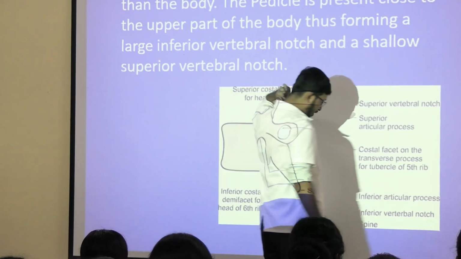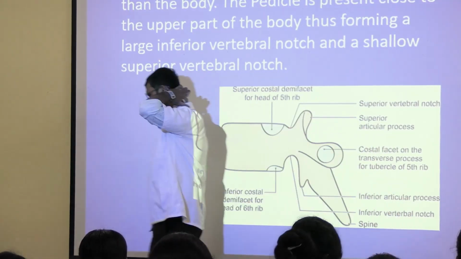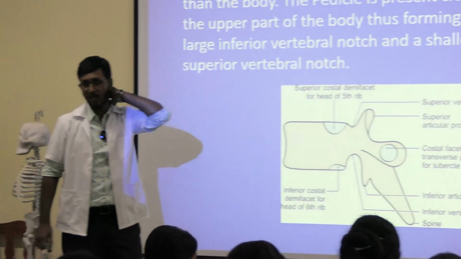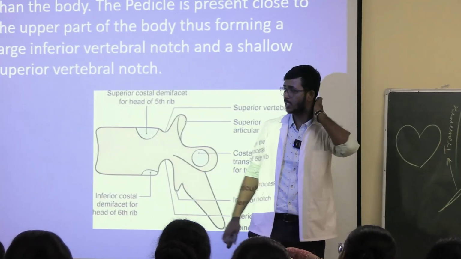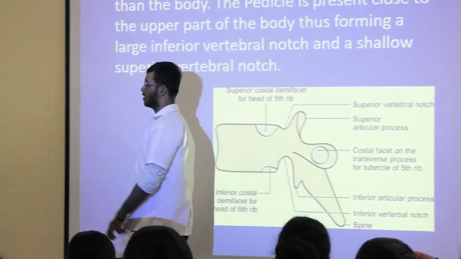You can palpate one bone here on the back side of your neck. This is the spinous process of your C7 vertebra.